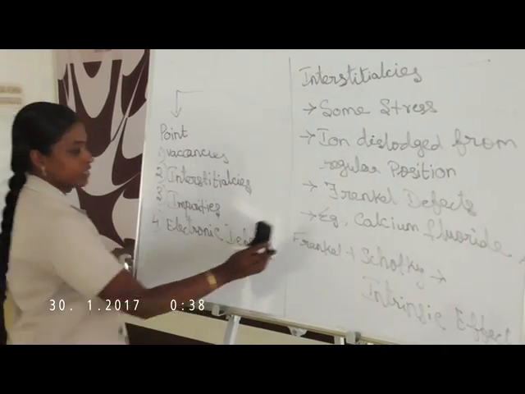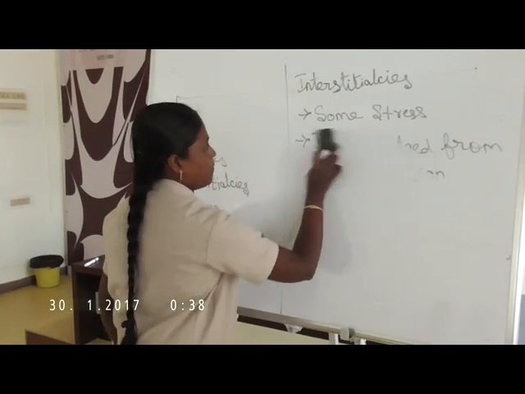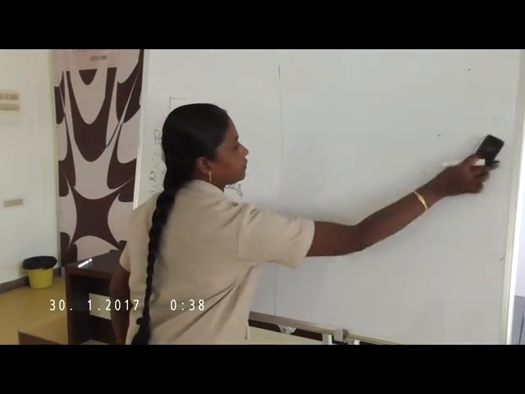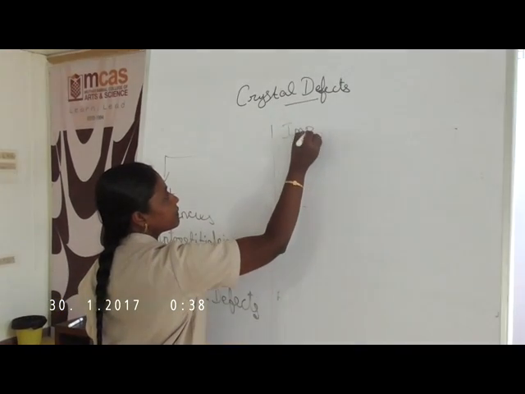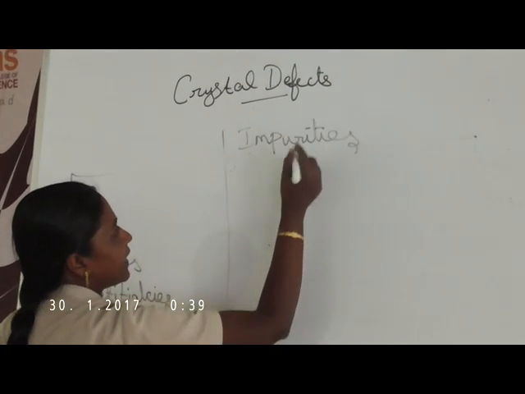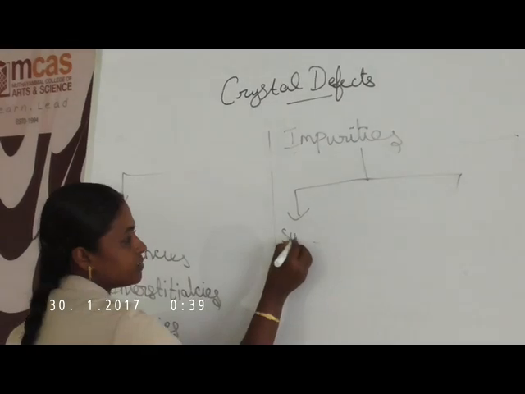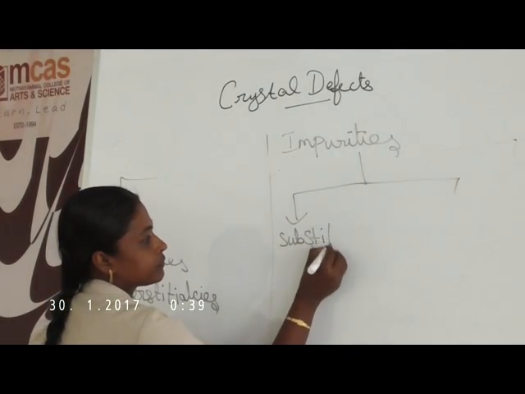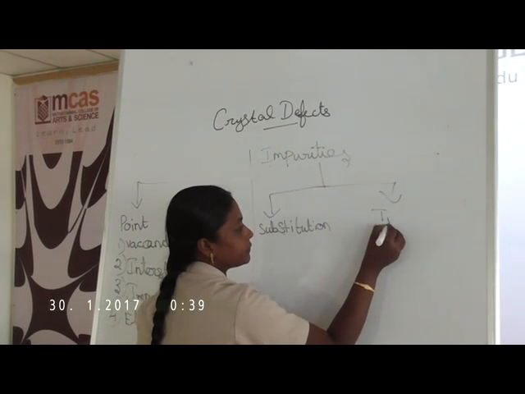Next one, impurities. Impurities can again be classified into two types: substitutional impurity and interstitial impurity.